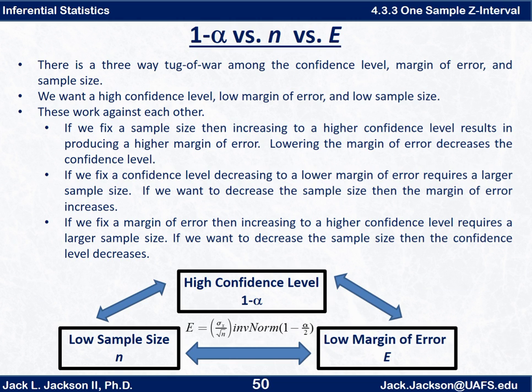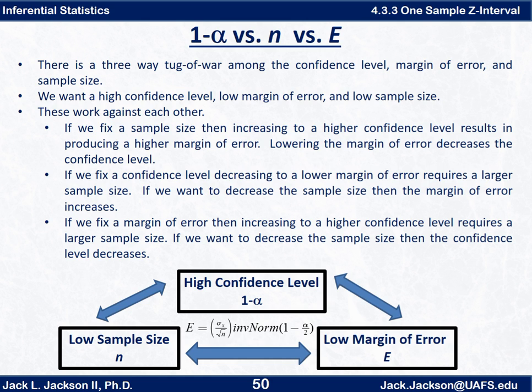So, for example, if we fix the sample size, then you've got a two-way tug-of-war between confidence level and margin of error. The higher you make the confidence level, the higher you make the margin of error, and vice versa. The lower you make the margin of error, the lower you're going to make the confidence level. So you have to reach some sort of balance between those two things, right?